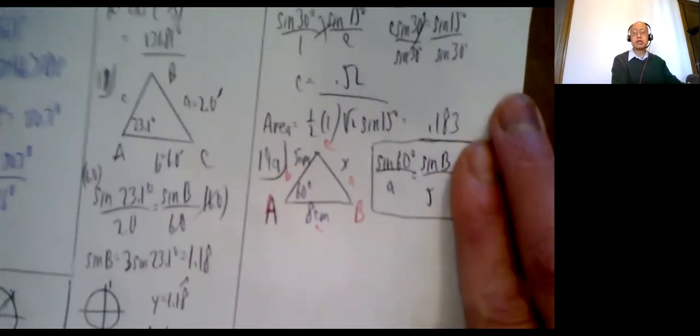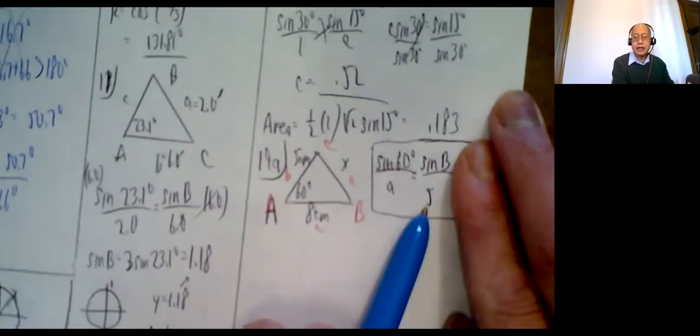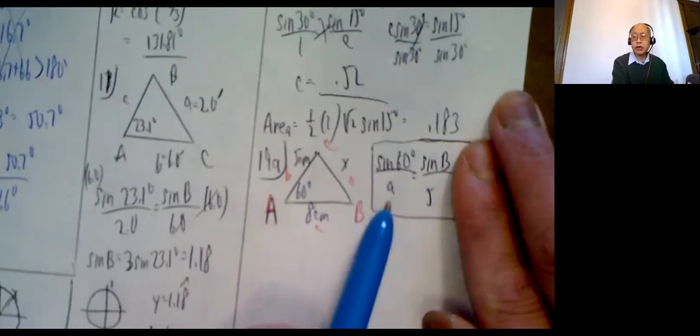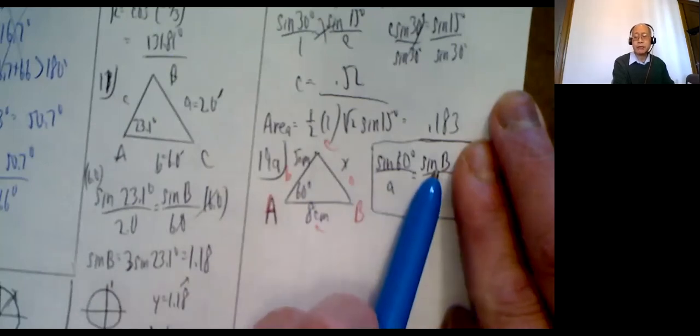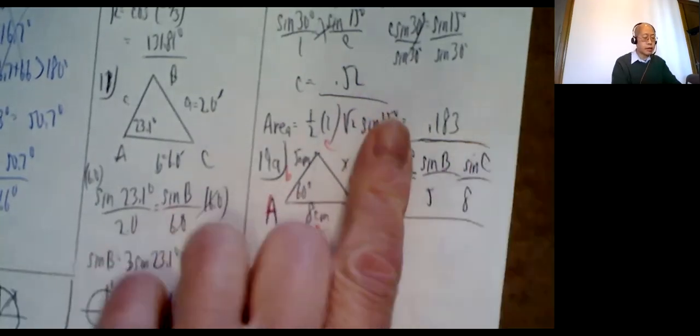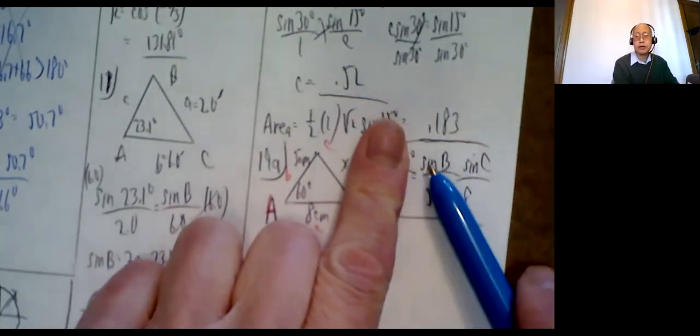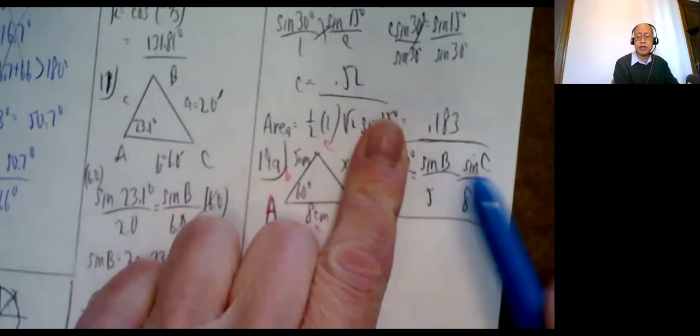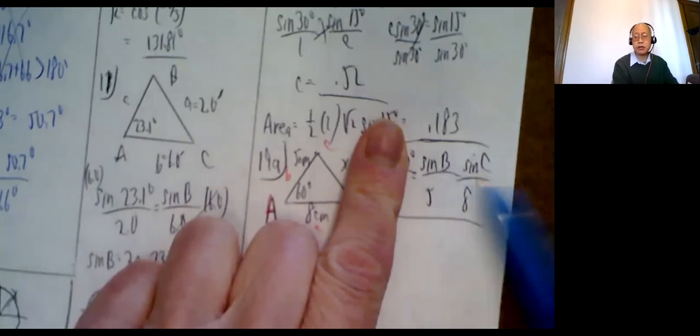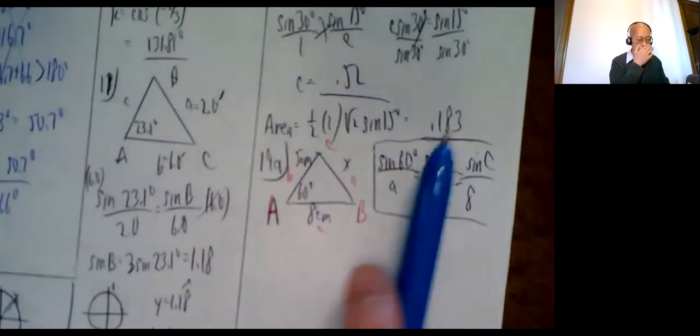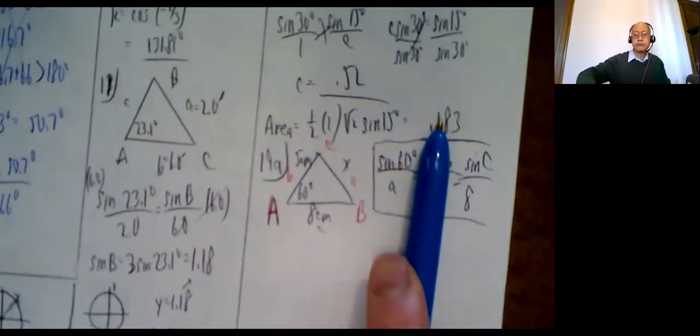Suppose I try to cross multiply here. I can't do it because I have 2 variables, little a and a big B. Suppose I try to go here. Cross multiply, I got a big B and a big C. That's not going to work either. What if I do the 2 extreme ones?